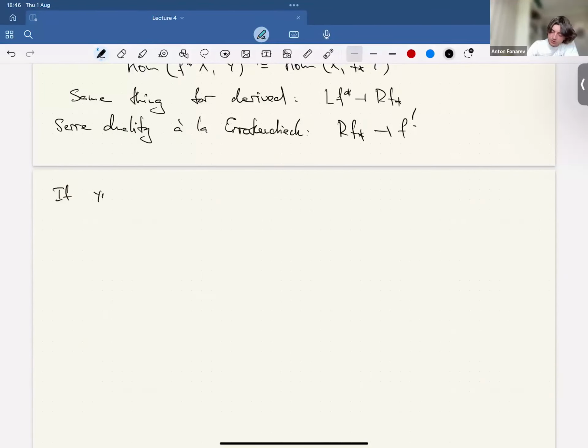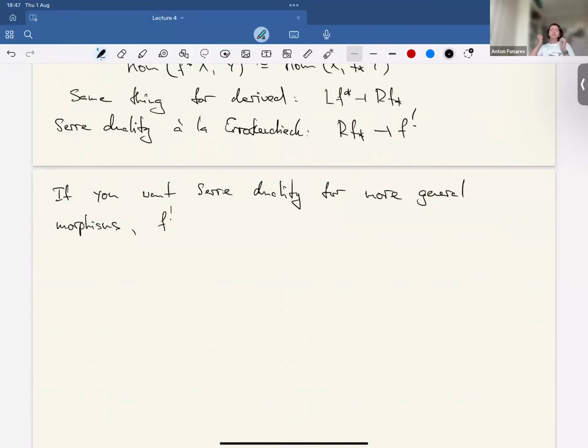If you want Serre duality for more general spaces, more general morphisms, say something suddenly becomes not smooth, then actually F upper Schrick, this functor, is defined only on the level of derived categories.